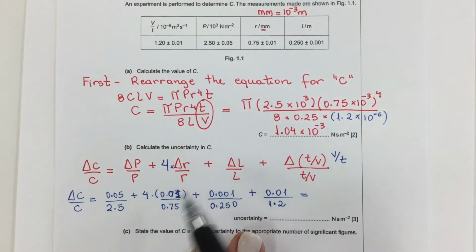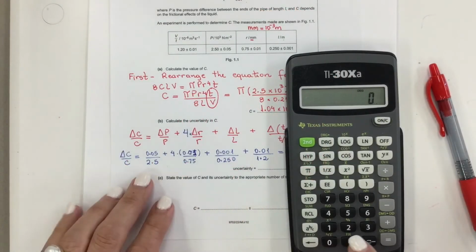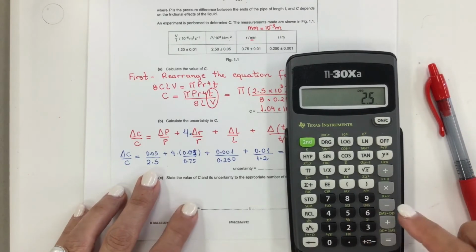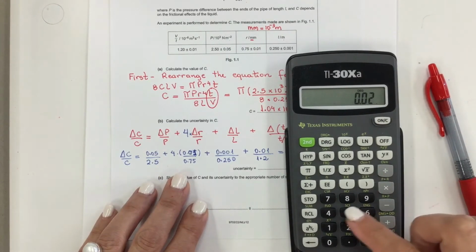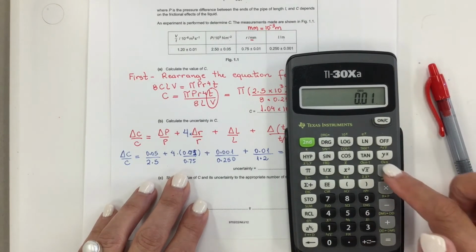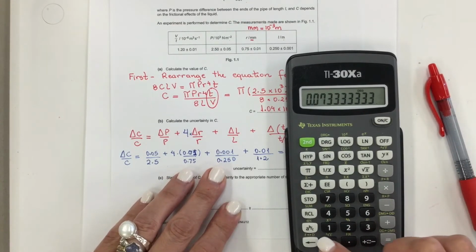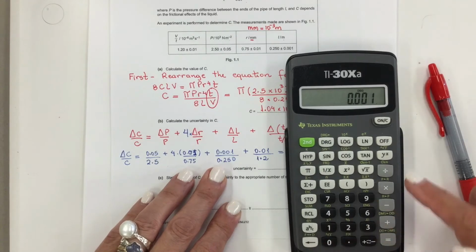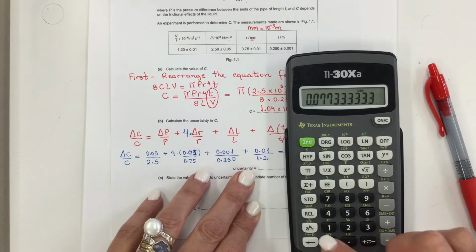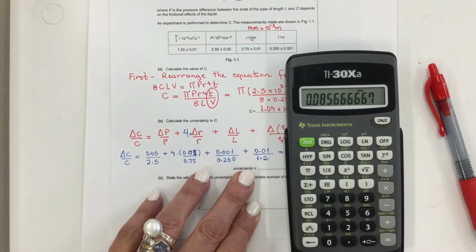Now I'm going to divide all this, add, and place the result right here. So 0.05 divided by 2.5 plus 4 times 0.01 divided by 0.75 plus 0.001 divided by 0.25 plus 0.01 divided by 1.2 equals.